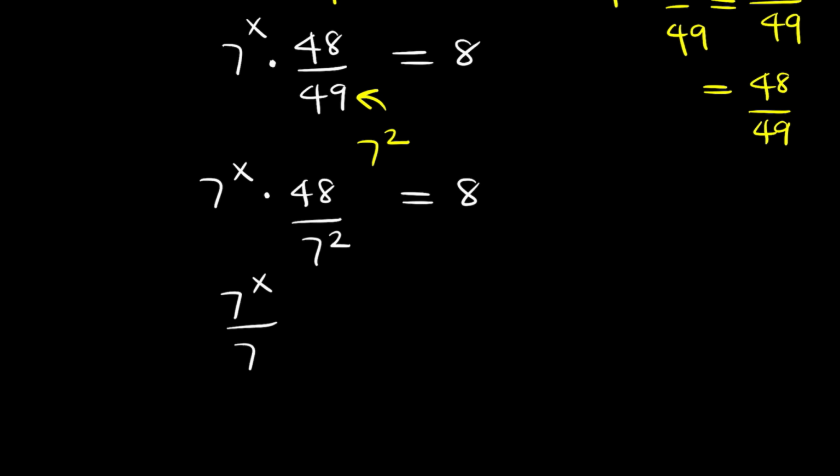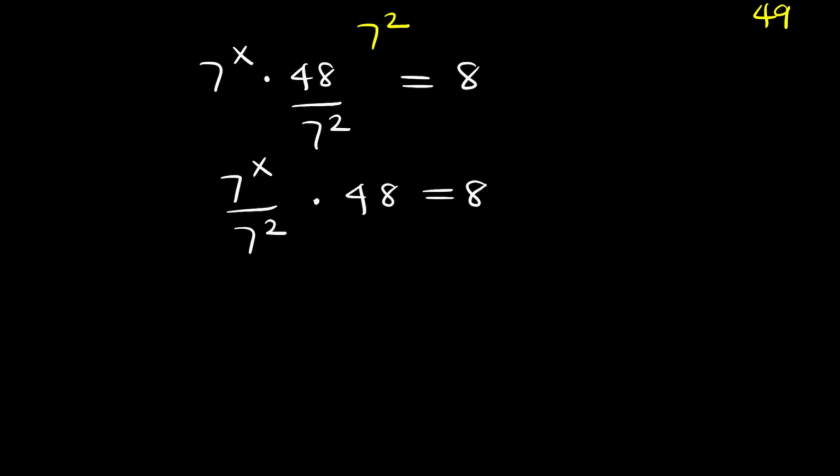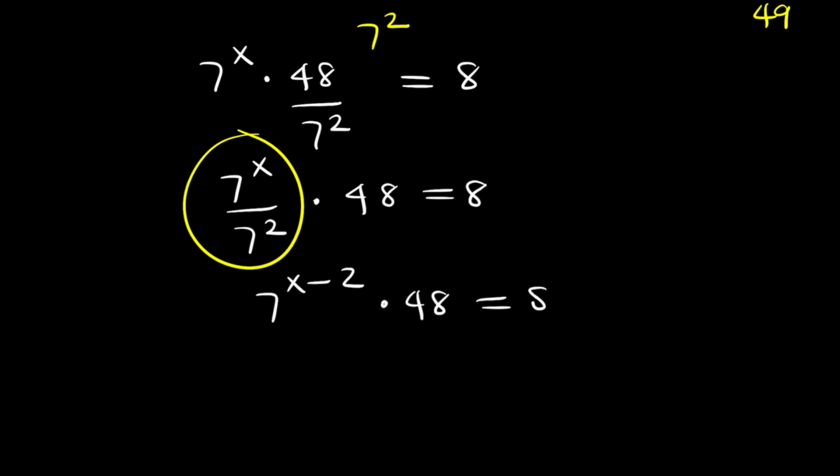Let me write this under here so that you can see it. Then I have 48 here is equal to 8. Writing it this way makes it easier for us to simplify this fraction into 7 raised to power x minus 2, then times 48 is equal to 8.